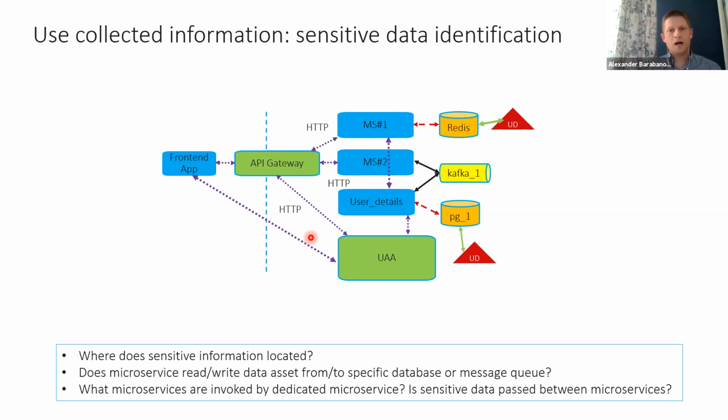For example, where is sensitive information located, and understand that your main sensitive information, the main data assets, are stored on Redis and Postgres.